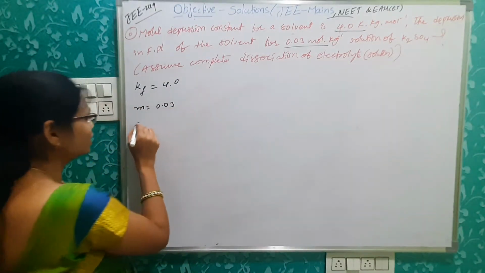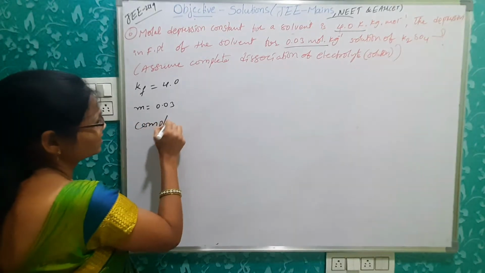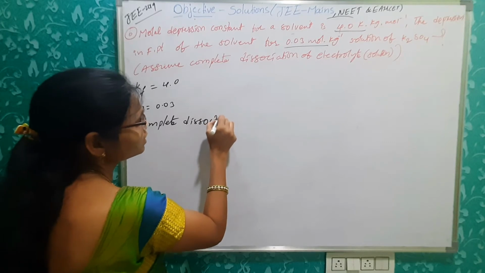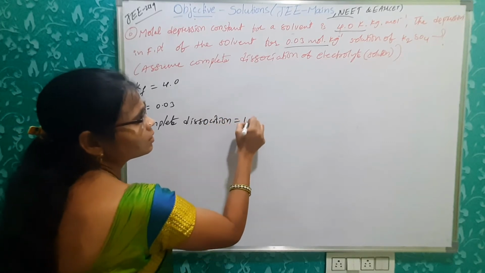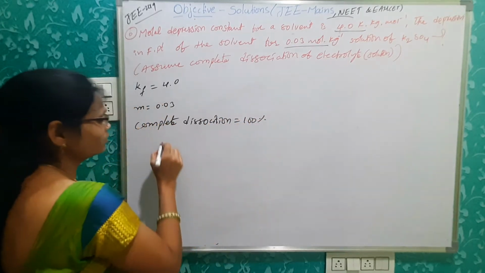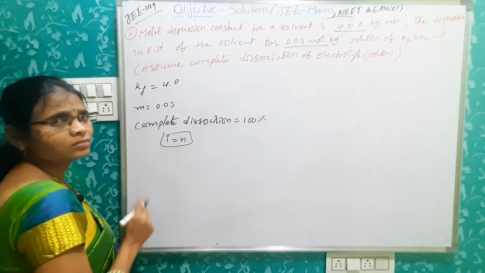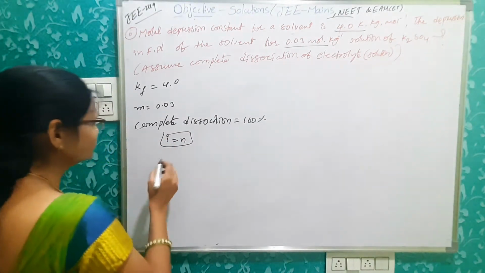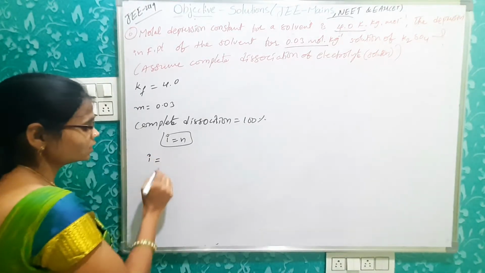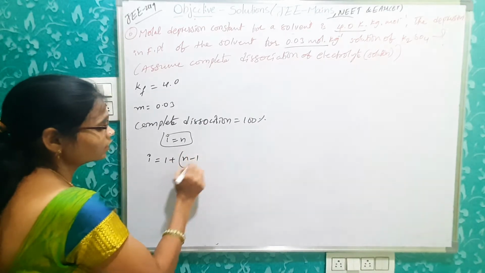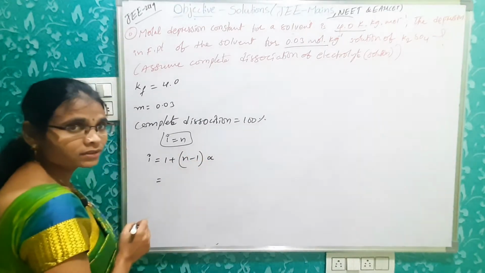Complete dissociation means 100% dissociation. 100% dissociation means i factor is equal to n only. How to get here? The i factor for dissociation is i equals 1 plus (n minus 1) into alpha, right?